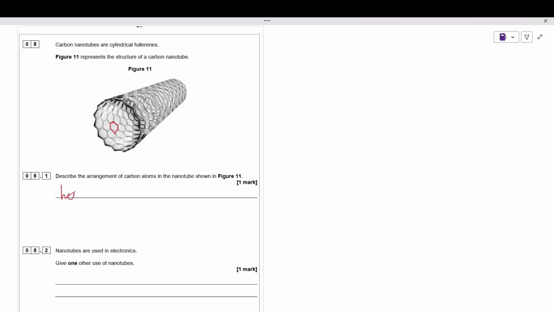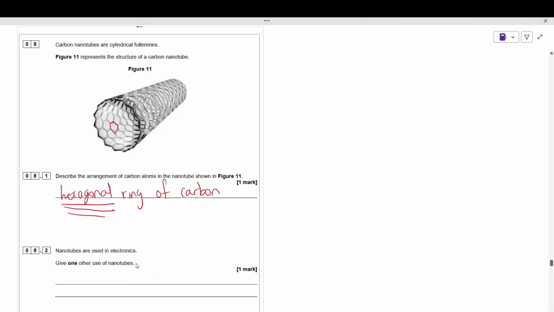So hexagonal rings. If you want to put of carbon, that's fine, but you must have this bit, hexagonal, because that's the key thing that describes the arrangement of those carbon atoms within that carbon nanotube.